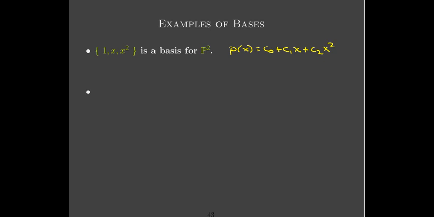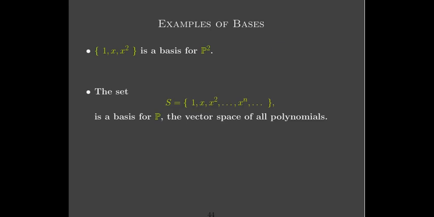And so certainly anything in P2 is a linear combination of those three polynomials, or three monomials. And we also know that they form a linearly independent set because they have different degrees.